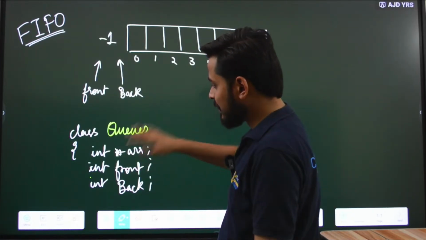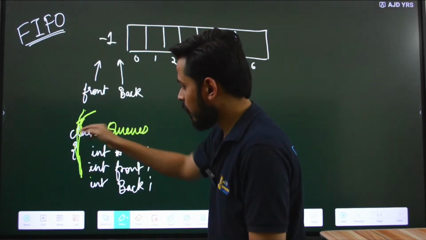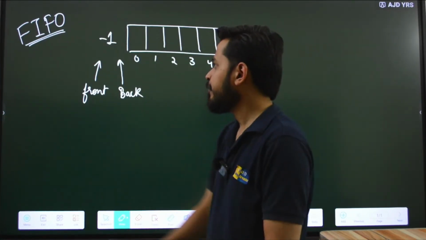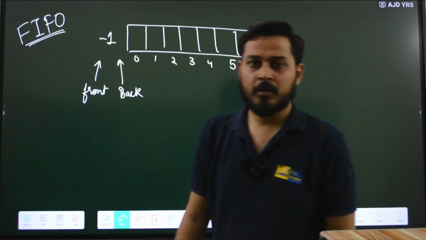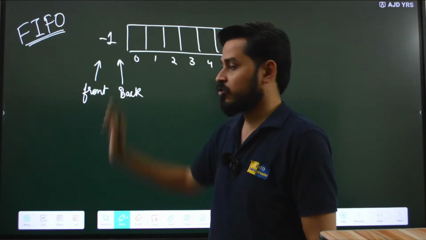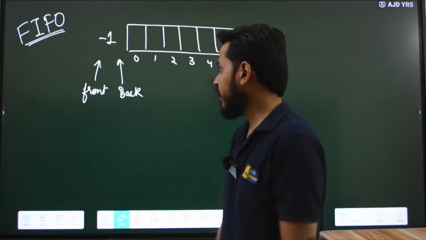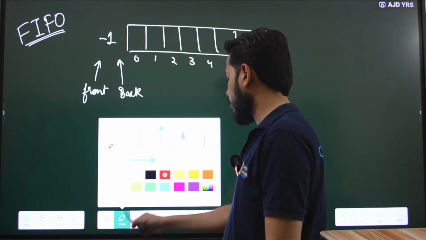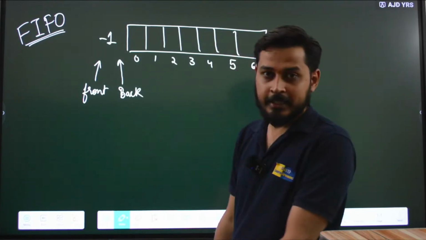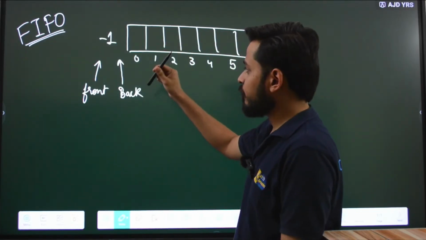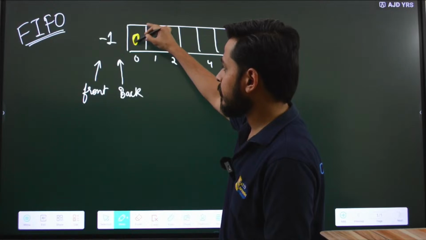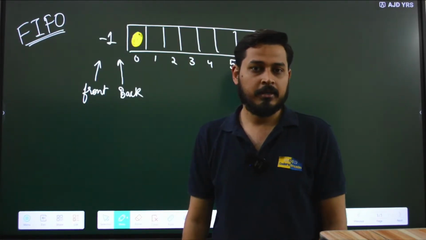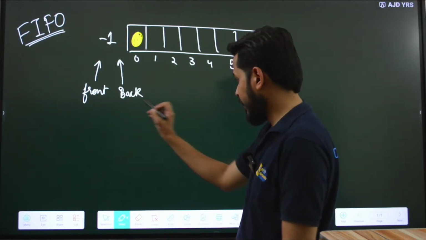Now after this is done, I am just going to rub this part out so it is much more clear. Let's say I have front and back at -1, and when front and back are at -1, let's do one thing. I'm going to put some data here. Data will not be directly entered like that. It will be entered using the back.